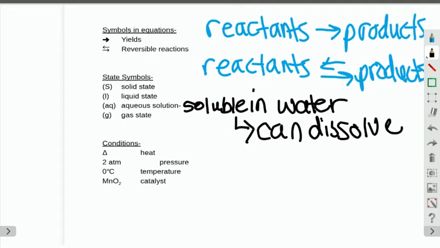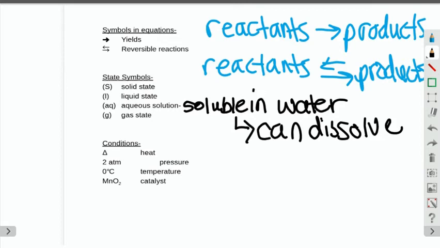So you will be able to tell whether something is a solid, liquid, aqueous, or a gas in a reaction. I'm going to teach you how to figure out the state of something. Whenever you see it in a reaction, you will need to figure out the states of compounds or elements in a reaction.